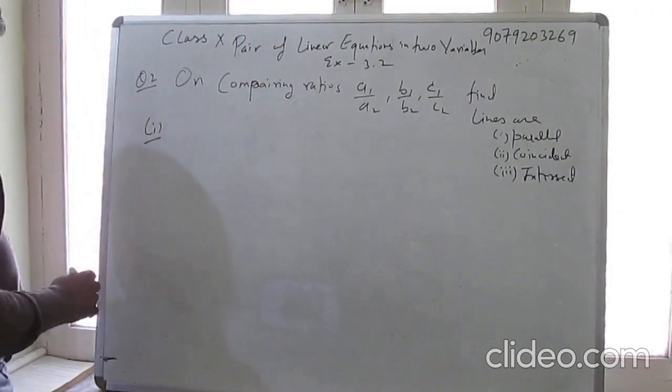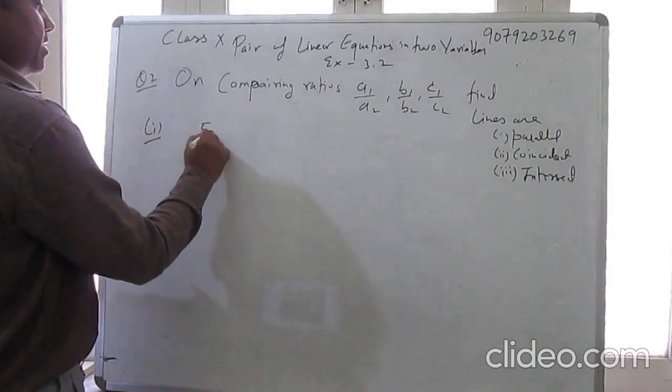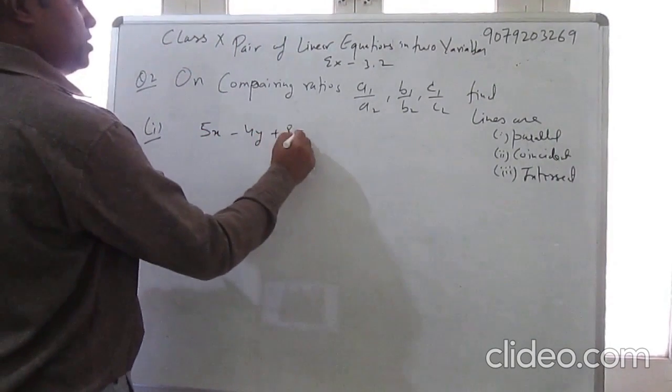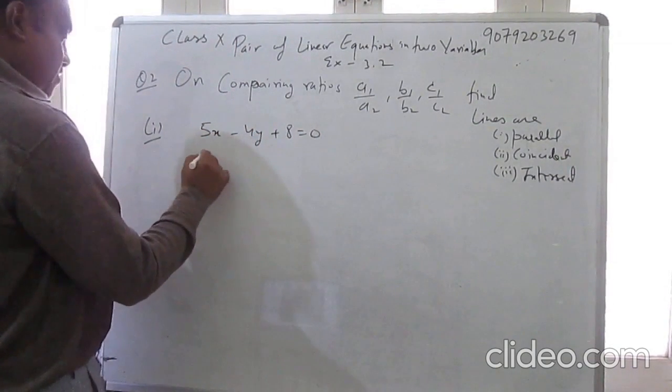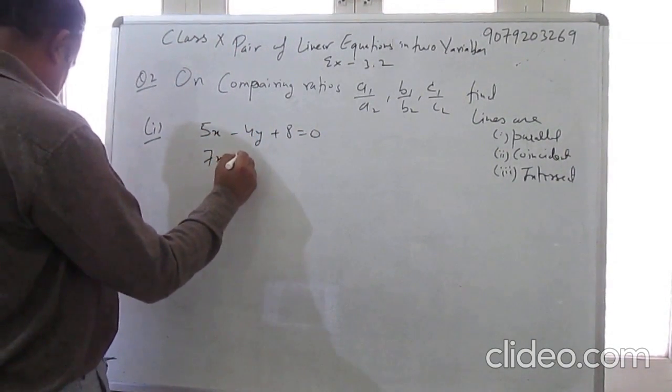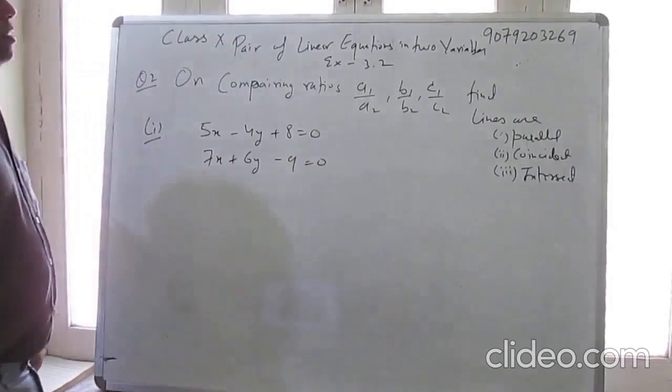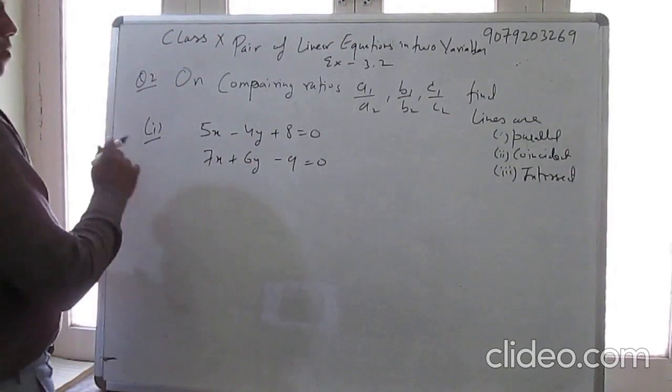First part: 5x minus 4y plus 8 is equal to 0, and 7x plus 6y minus 9 is equal to 0. Now check what A1 upon A2 is.